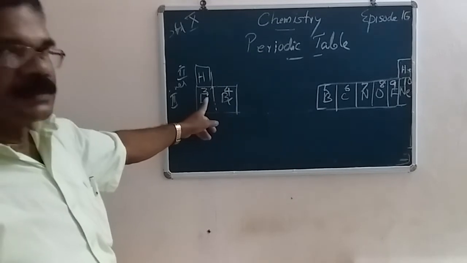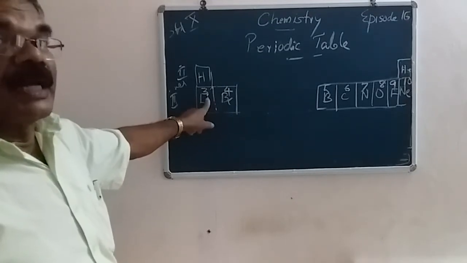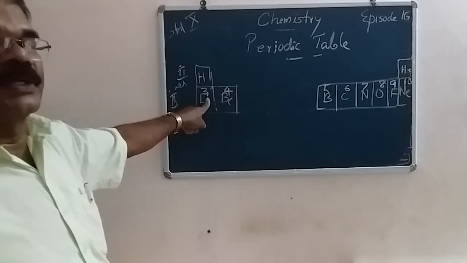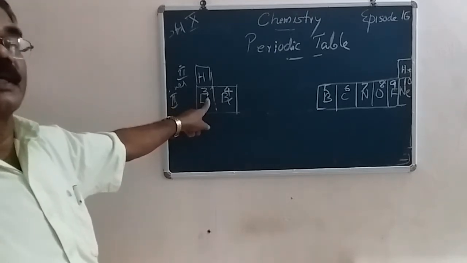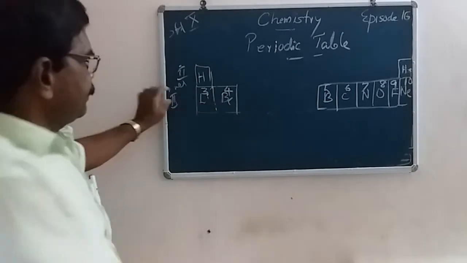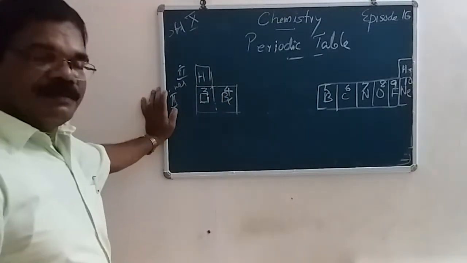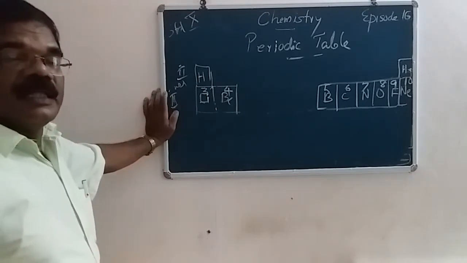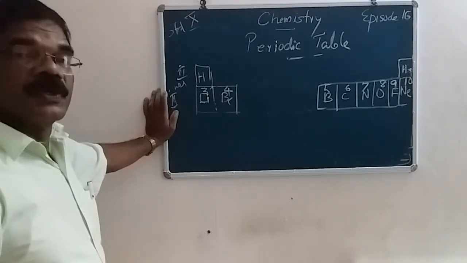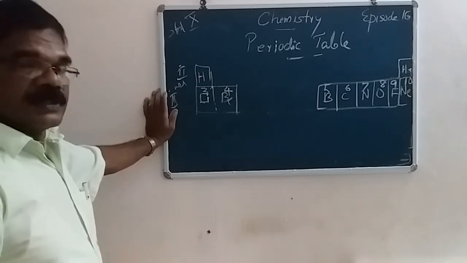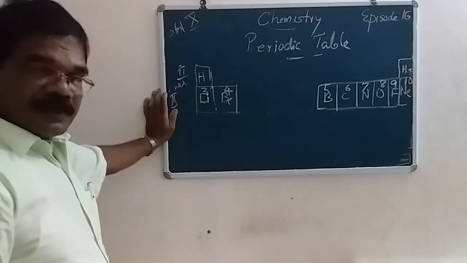In the modern periodic table, elements are arranged in the increasing, or ascending, order of their atomic number. Lithium, atomic number 3, means there are 3 protons in the nucleus. Atomic number is equal to the number of protons. It is equal to the number of electrons.